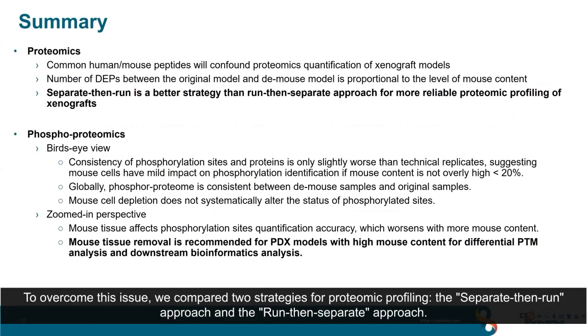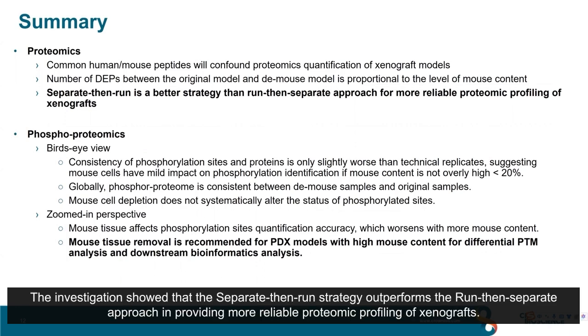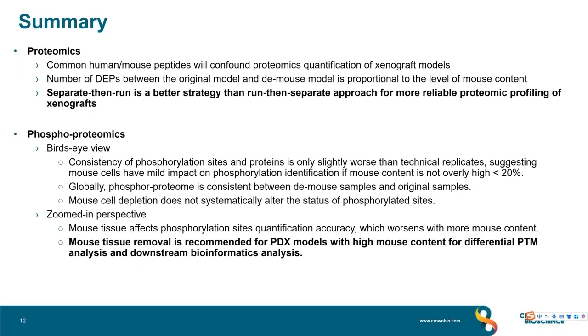To overcome this issue, we compared two strategies for proteomics profiling, the separate-then-run approach and the run-then-separate approach. The investigation showed that the separate-then-run strategy outperforms the run-then-separate approach in providing more reliable proteomics profiling of xenografts.